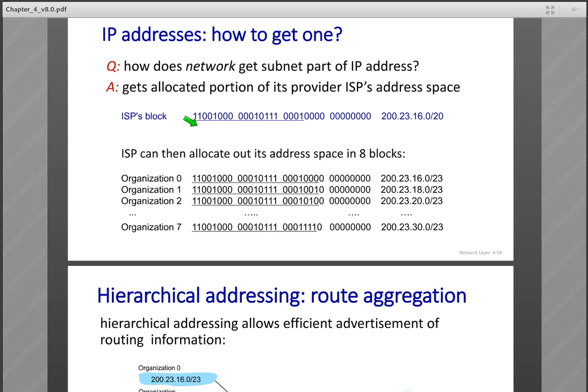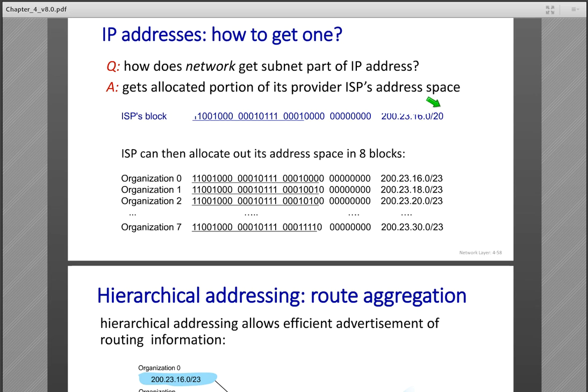I can receive my new IP address, but what about the space of addresses in a network? For example, I'm an administrator in a big ISP. This ISP buys a new range of IP addresses, for example 200.23.16.0/20.